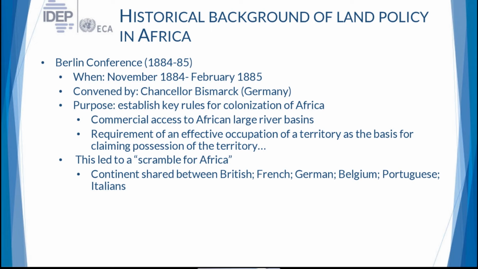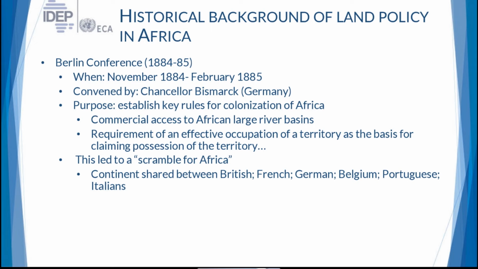The Germans lost their colonial possessions. The Belgians didn't own that many possessions, and Italy came very late and was not able to conquer so important possessions. And Portugal also had few concessions in the continent.